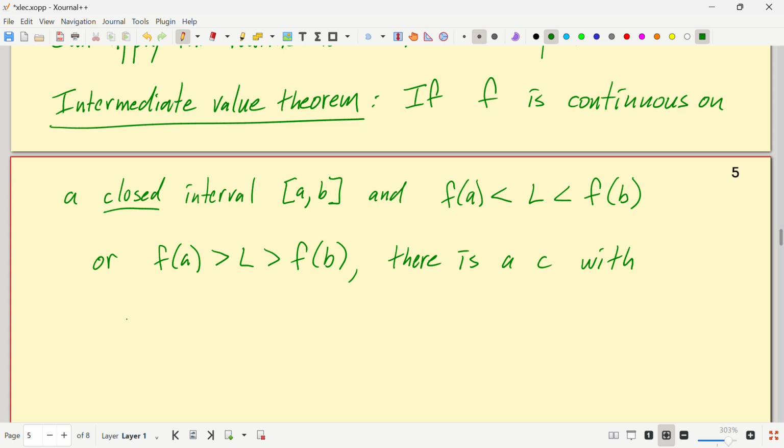So there's a C with A less than C less than B, where f of C equals L, the intermediate value.